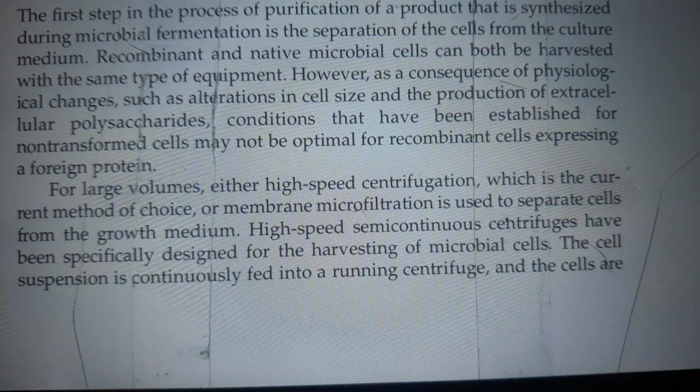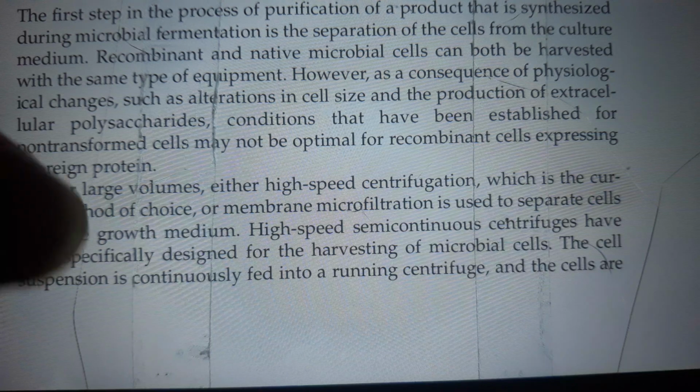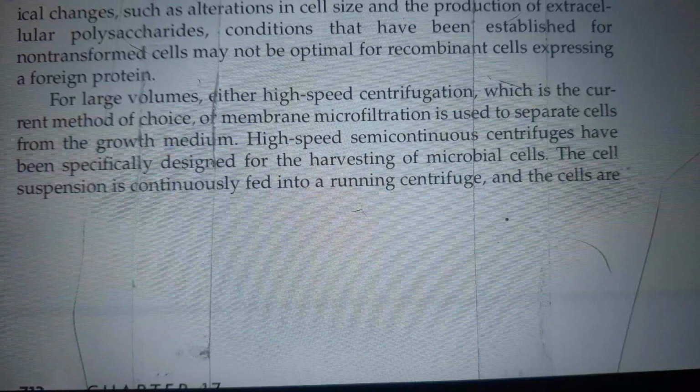Harvest microbial cells. The first step in the process of purification of a product that is synthesized during microbial fermentation is the separation of the cells from the culture medium. Recombinant and native microbial cells can both be harvested with the same type of equipment.